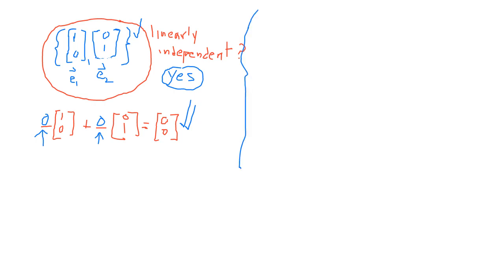All right, fine. Let me do another example now. Let's say you have 1, 0, 0, 1, and 0, 0.